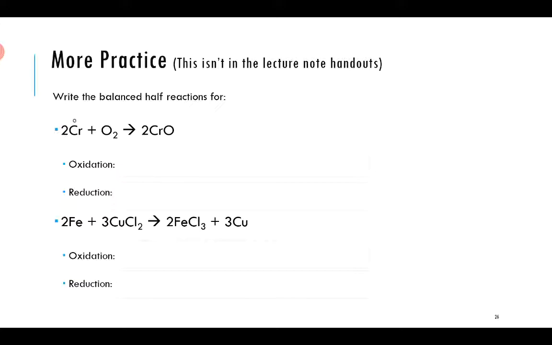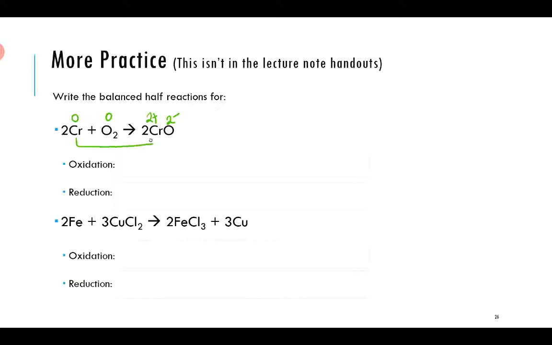So let's start by assigning oxidation states and then splitting this into half reactions. Our chromium starts off as a neutral element, no charge written, so that's a 0 oxidation state. Oxygen is also a pure element, so that's a 0 oxidation state. Then they're combining to form an ionic compound where oxygen will be a 2- charge, and chromium has to balance out that 2 minus charge, and so chromium is going to be a 2 plus cation.